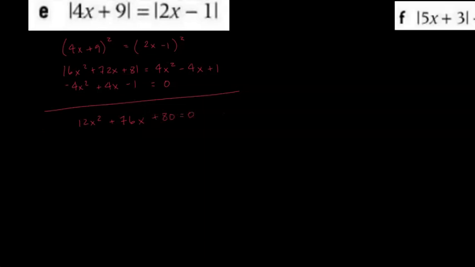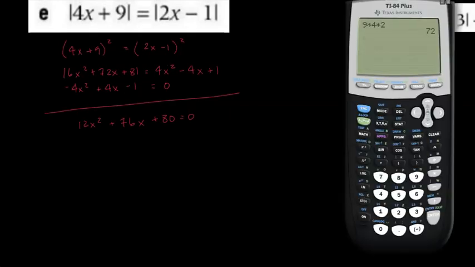Why did I decide to do this? Is 76 divisible by 12? Nope. Is it divisible by 6? Nope. Is it divisible by 4?